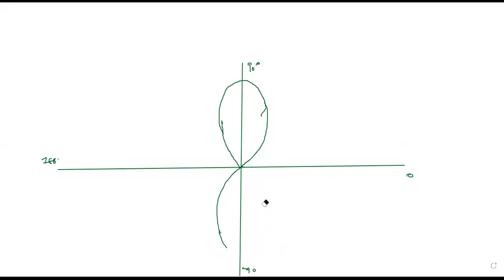Now you have to draw the k is equal to 1 null direction. What is the k is equal to 1 null direction? 66.42 and 113.58. Draw it somewhere here. 66.42 and here also minus 66.42.